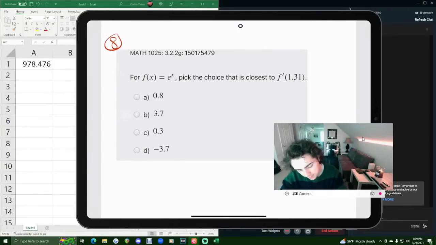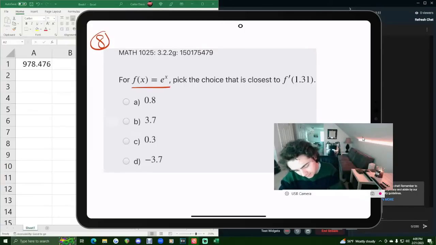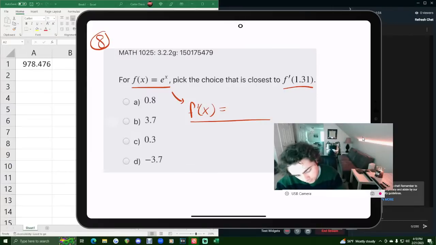Yeah. Number 8. For the function e to the x, pick the choice that is closest to f prime at 1.31. So the first rule is the memorized derivative of e to the x. Another one to add to your list of derivatives to memorize. The derivative of e to the x is just e to the x every time.